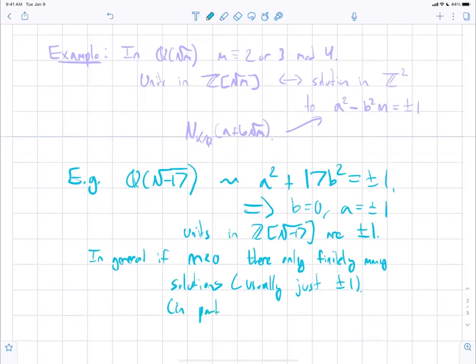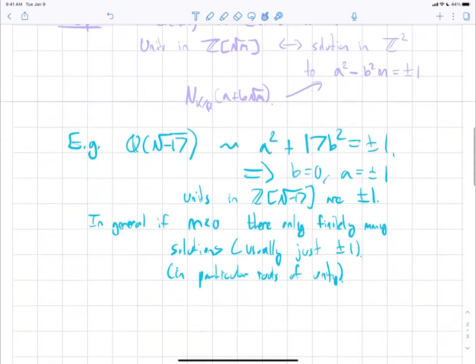In particular, these are always roots of unity. For example, in Z[i], you have not just plus or minus 1, you also have i and minus i. Those are more units, but they're all roots of unity.